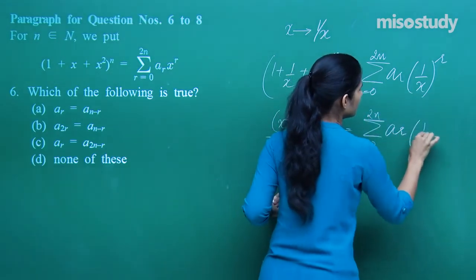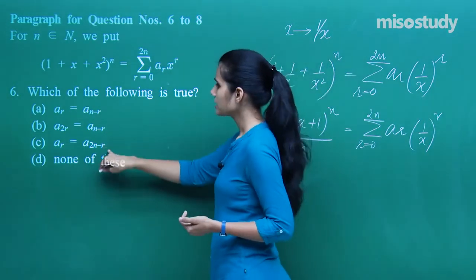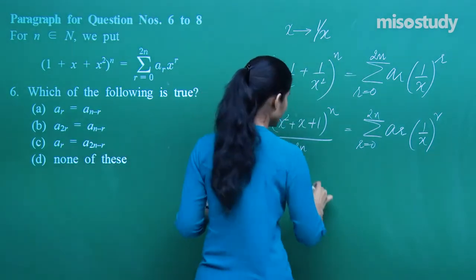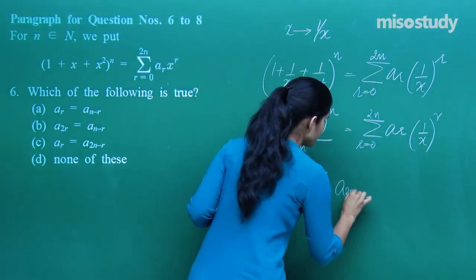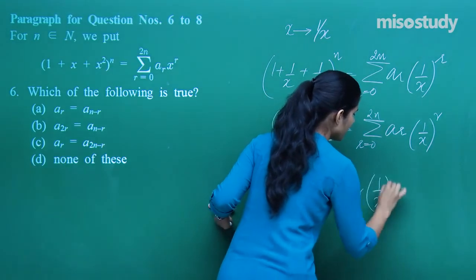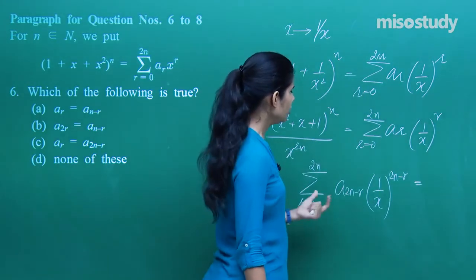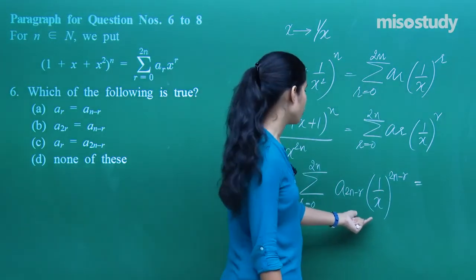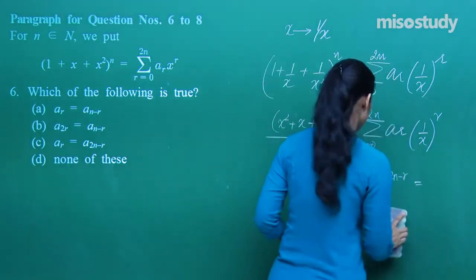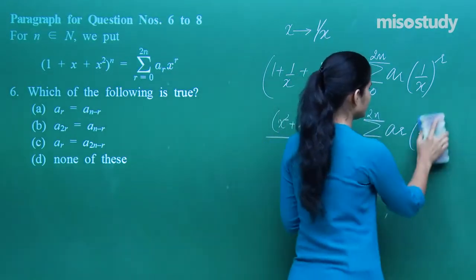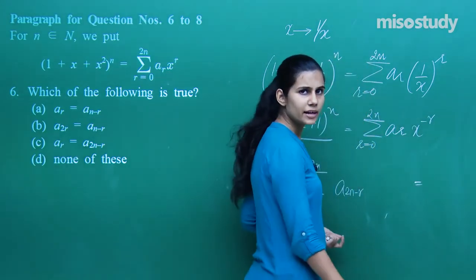What you do is, you can see it's n minus r, 2n minus r stuff written over here. So basically when you say summation r going from 0 to 2n, a to the power 2n minus r, 1 by x to the power 2n minus r, then what you get when you perform this operation of a 2n minus r, x to the power 2n minus r, or let me make this, this is actually x to the power minus r. 1 upon x to the power r, x to the power minus r.